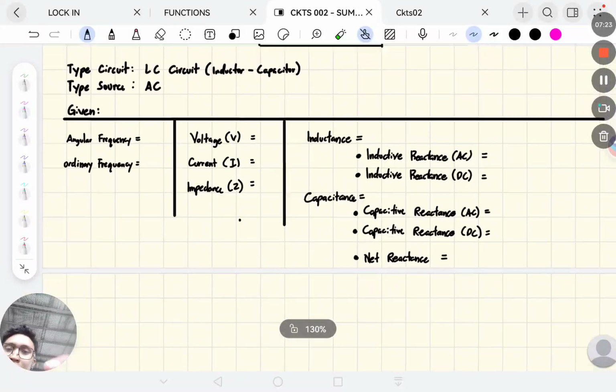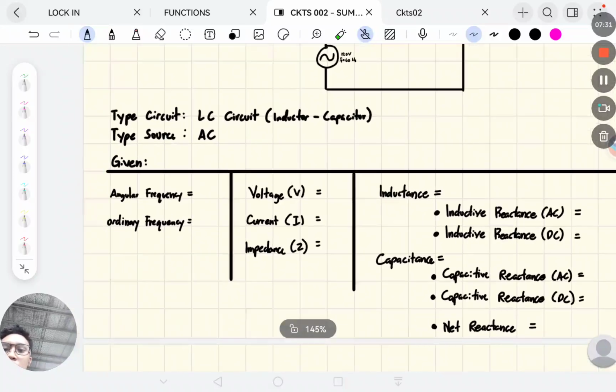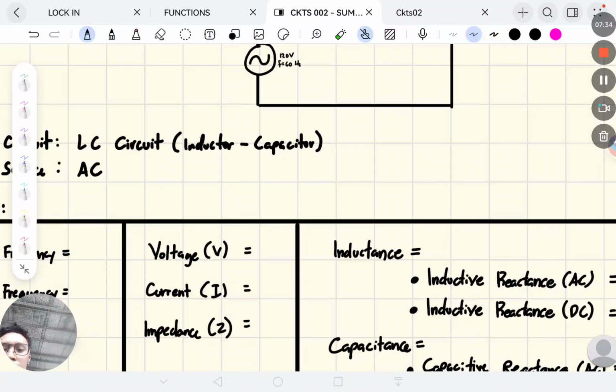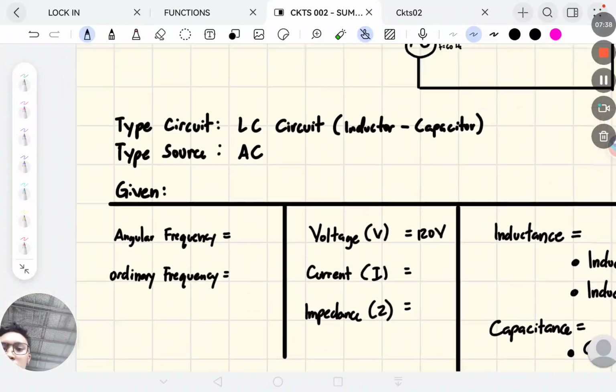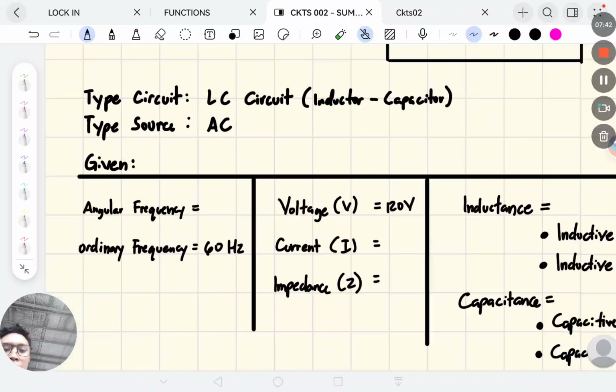And so we have all the variables we need. List natin kung anong meron tayo. We have 120 volts. Meron tayong ordinary frequency, which is 60 Hz.